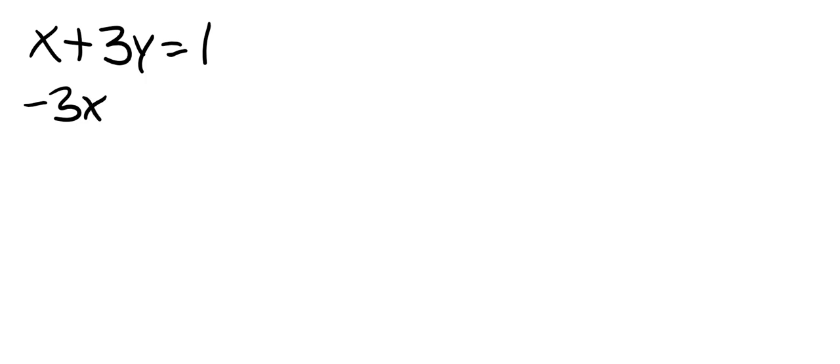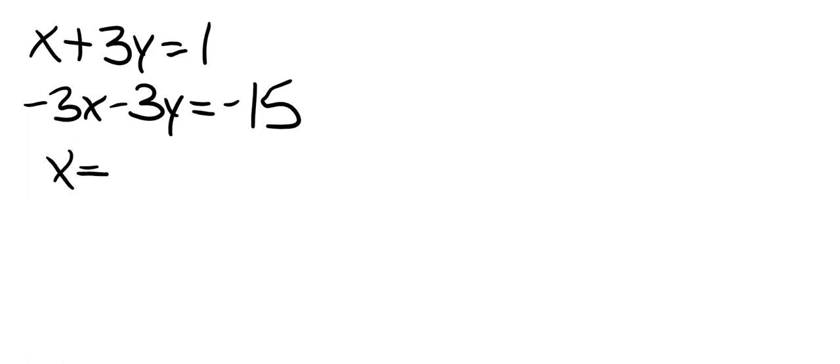The last question that we're going to do for this video is going to be x plus 3y equals 1 and negative 3x minus 3y equals negative 15. We're going to get the x for the equation on top by itself by subtracting 3y on both sides.